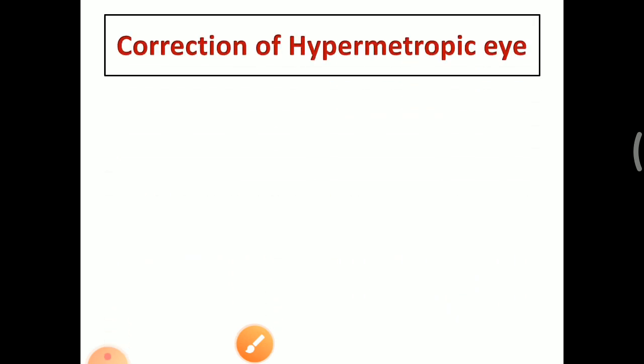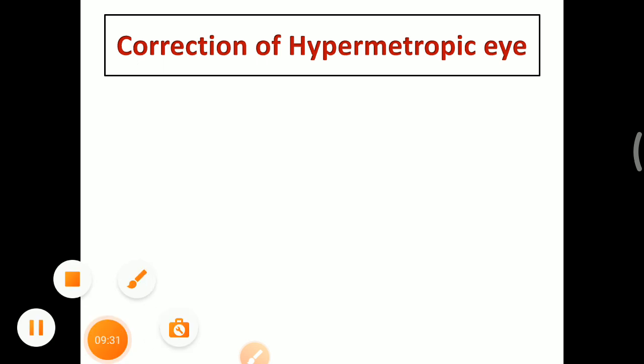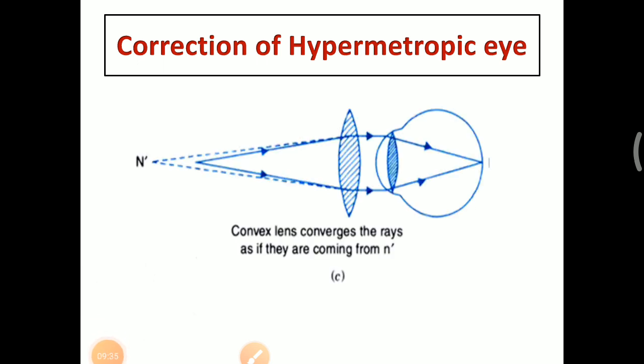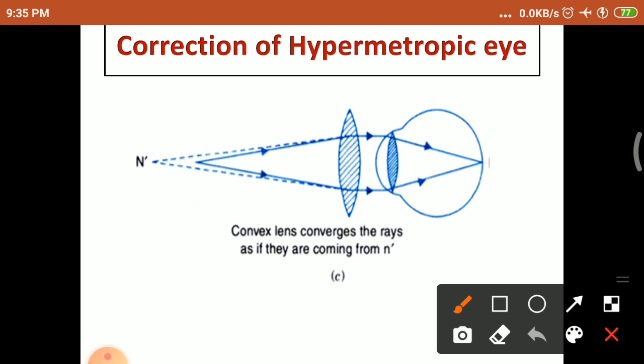And how to correct a hypermetropic eye? Using a convex lens, we can correct the hypermetropic eye. When we place the convex lens in front of the cornea, the object is placed here. The rays first pass through this convex lens.